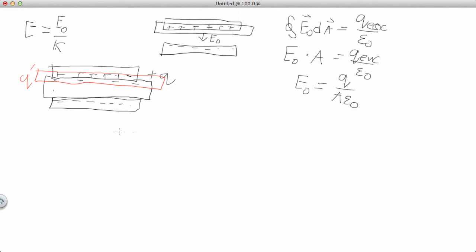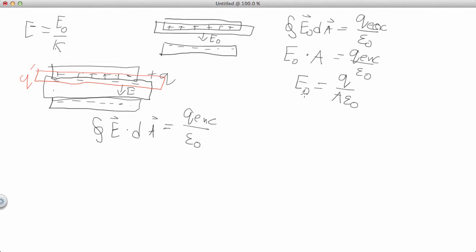Okay, now again from Gauss's law, we know that the integral of E dot dA equals Q enclosed over epsilon naught. Once again, our field here is going to be E. Now I'm calling this E, our new field with the dielectric.